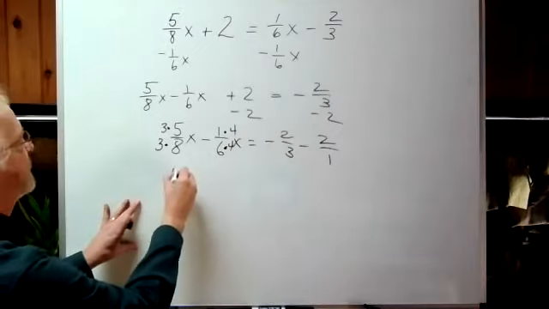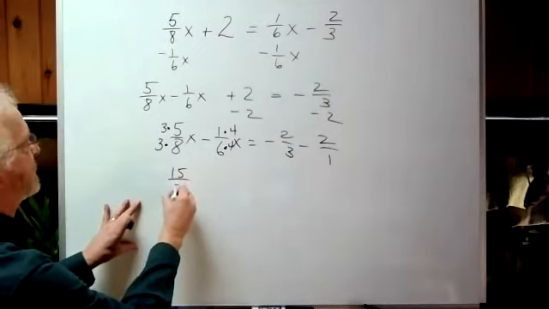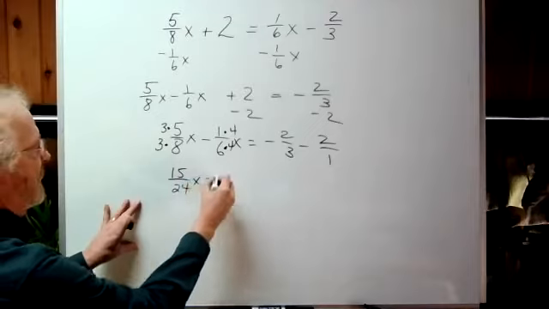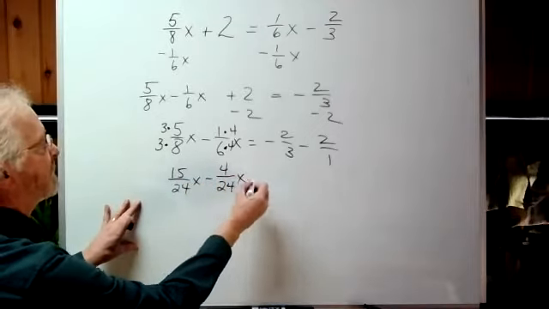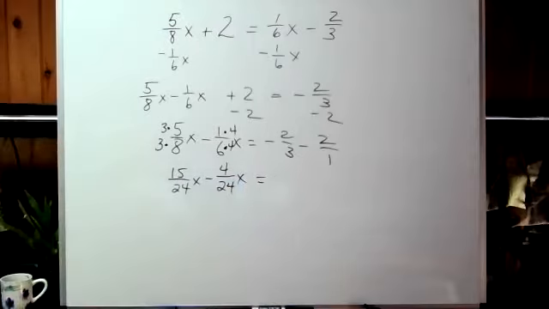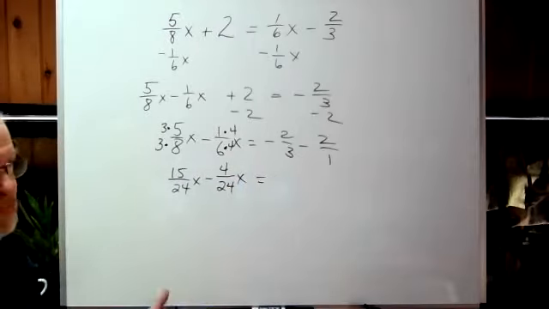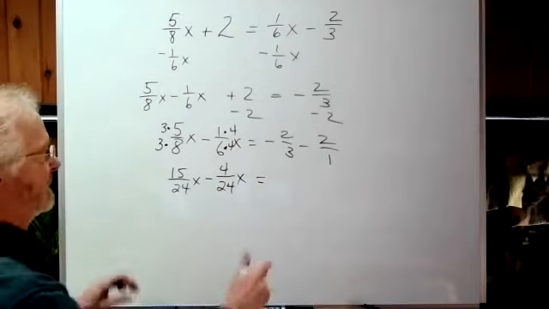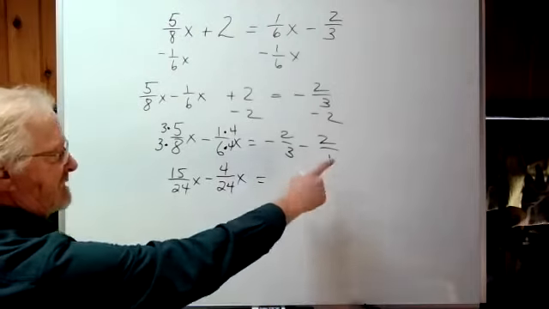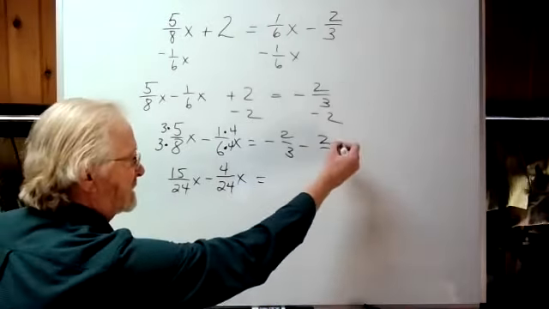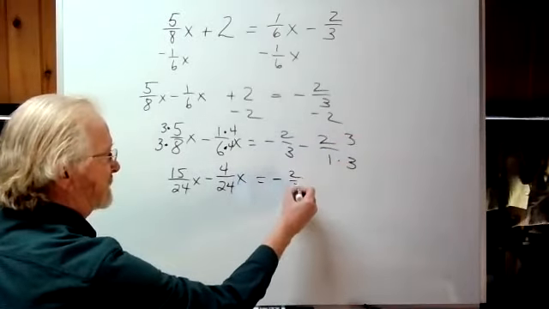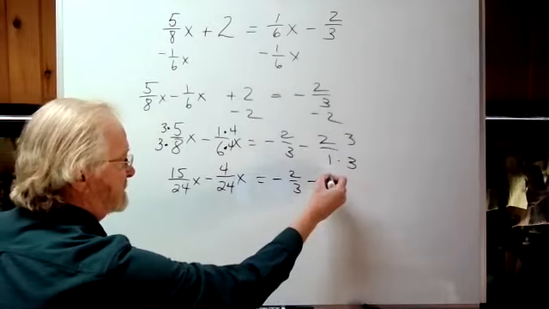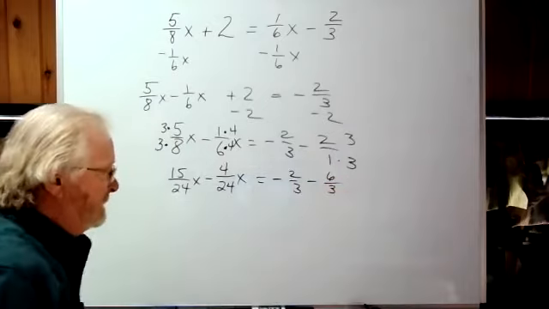So I have 15 minus 4, bunch of x's. It's a quantity, a fraction of an x, whatever that means. And let's see, I got to do the same here. So got to get threes, right? Minus 2/3 minus 6/3, right?